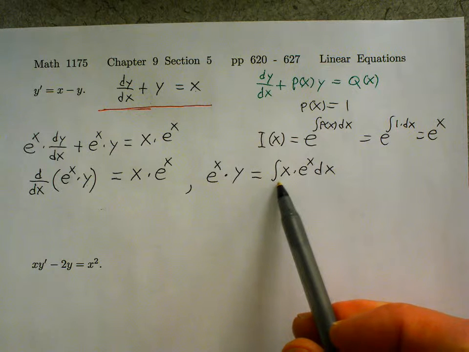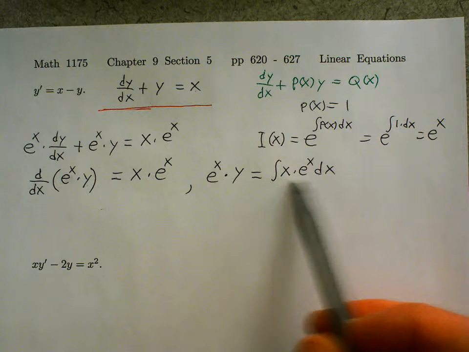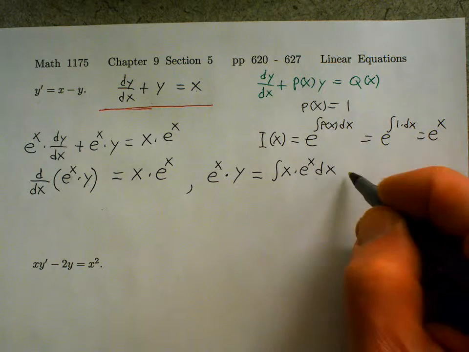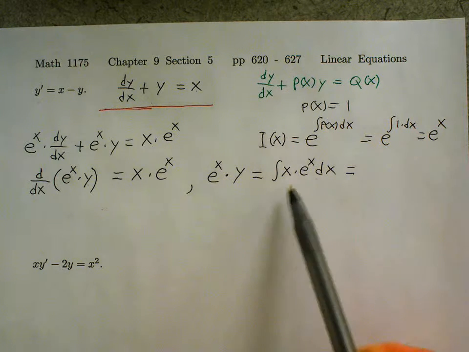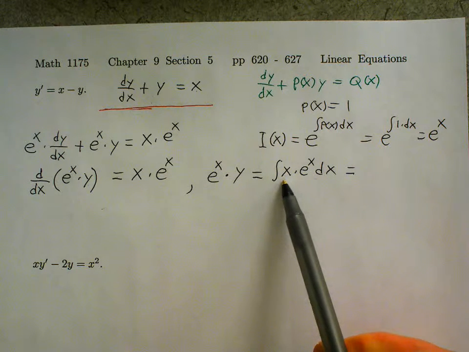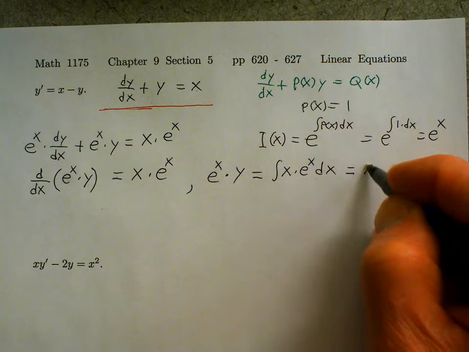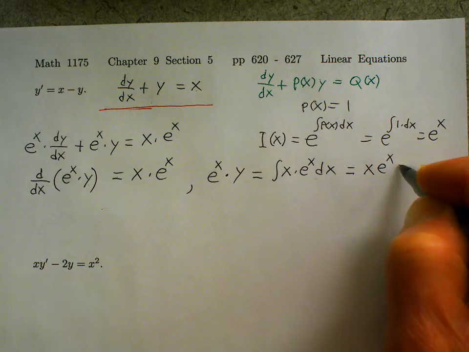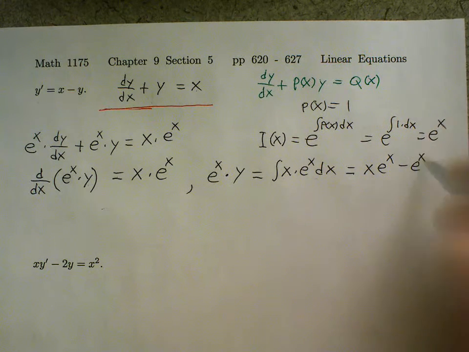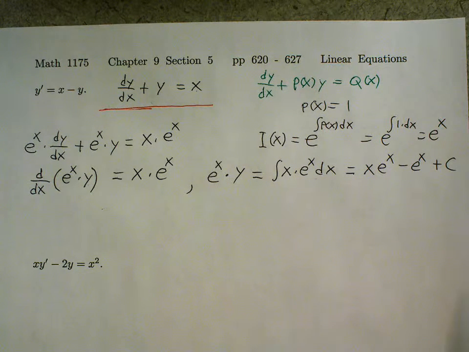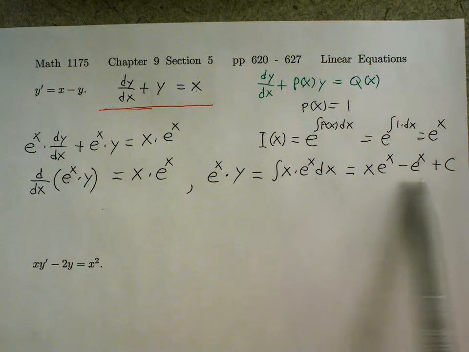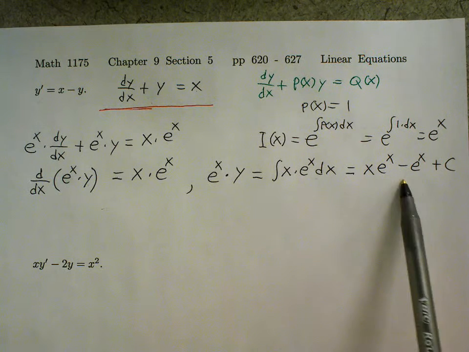So we've done integrals like this before. If we use integration by parts, this turns out to be x times e to the x minus e to the x, and then plus a constant. So you can verify that this is the correct antiderivative.